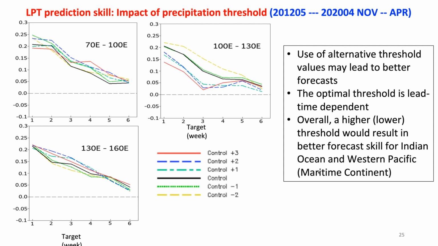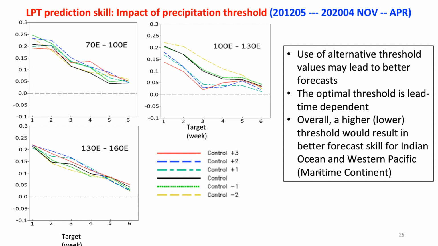However, for the maritime continent, a lower criteria value produced a better scale score. The reason for this is that the model's bias is lead time dependent and also region dependent, as we will see in the next slide.